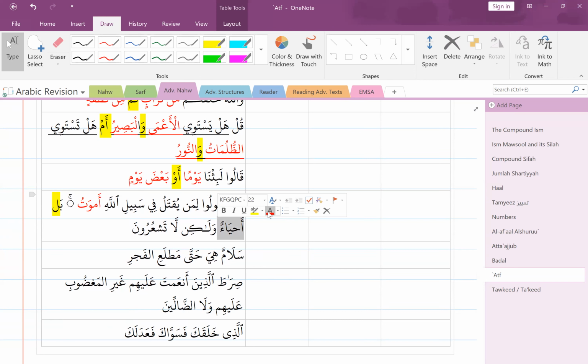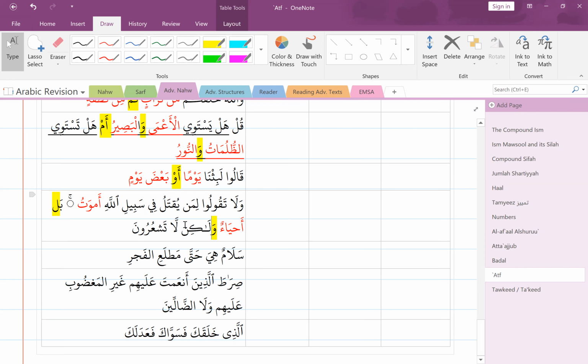Then ولكن. Yes, the waw also is harf atf here. We can look at it that way. So basically waw is connecting this first part to this second part.